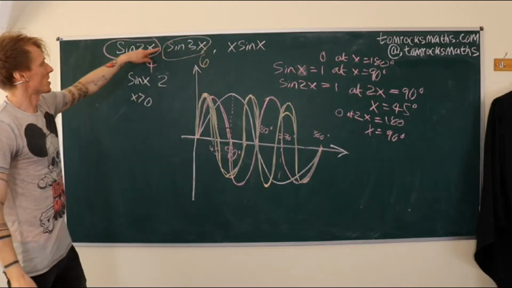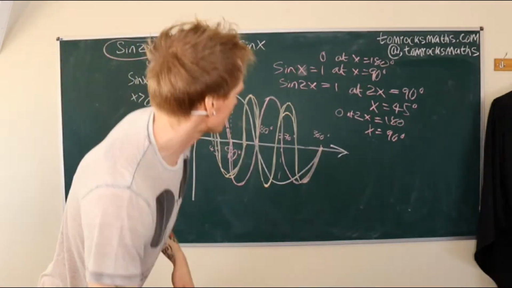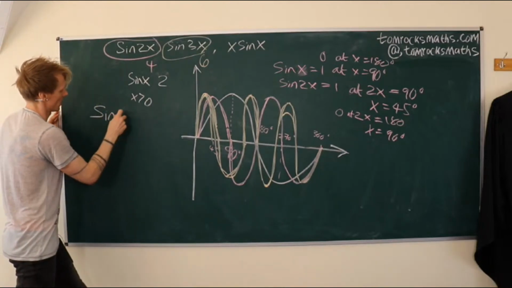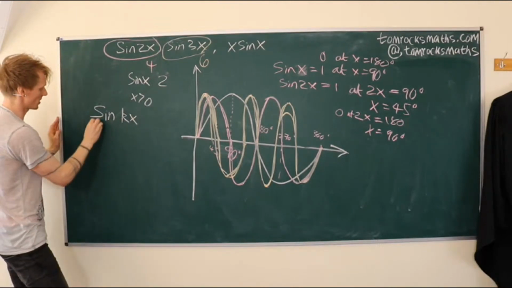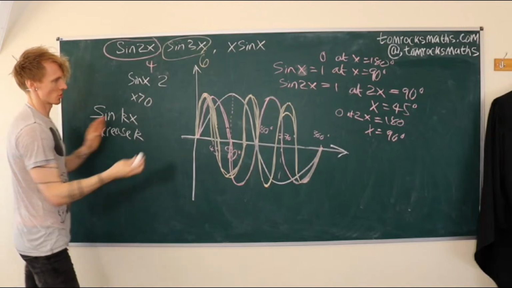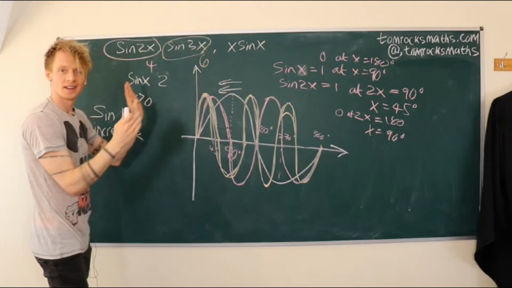So as you increase the value of your x, you could sort of write it as sine of kx. And as you increase k, you're just squashing the sine curve more and more this way to get more and more peaks.